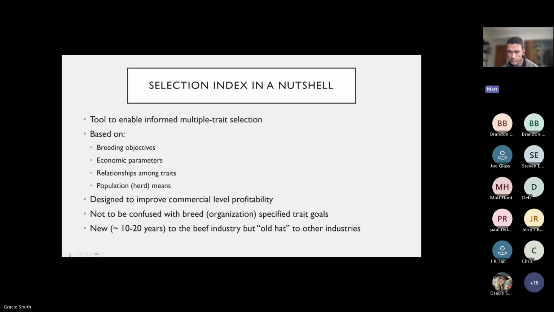And in fact, the first scientific paper really publishing the notion of a selection index in livestock was in the early 1940s. You can trace back an agronomy paper in the 1930s before then, but by no means completely new science. Next slide, please.